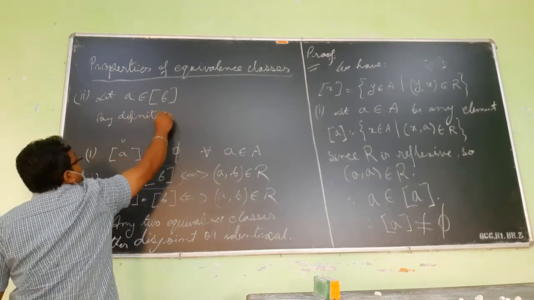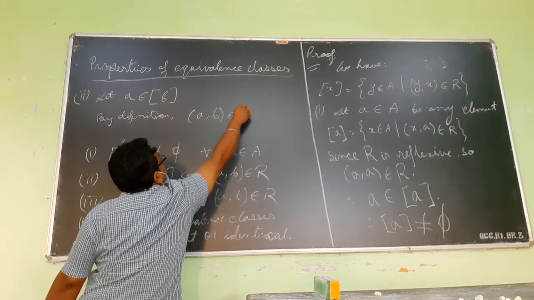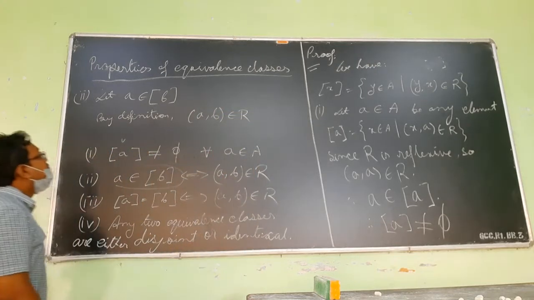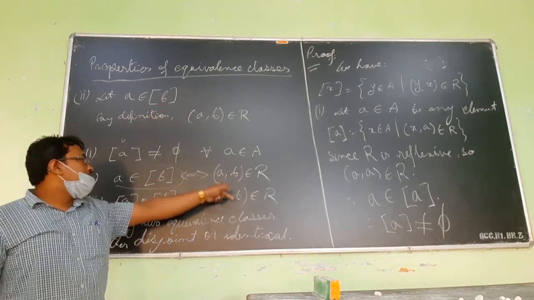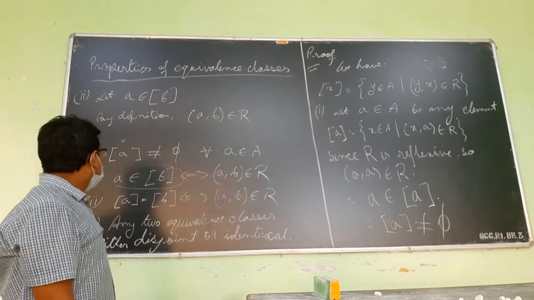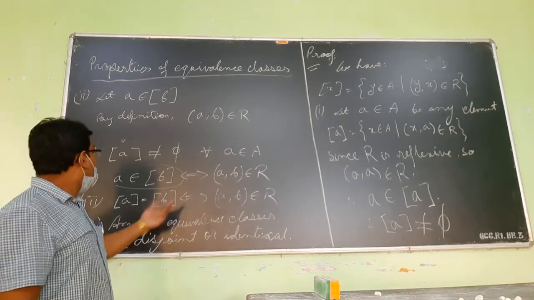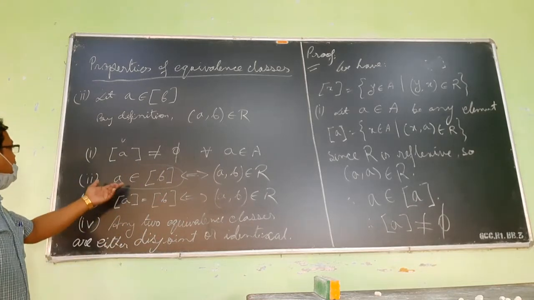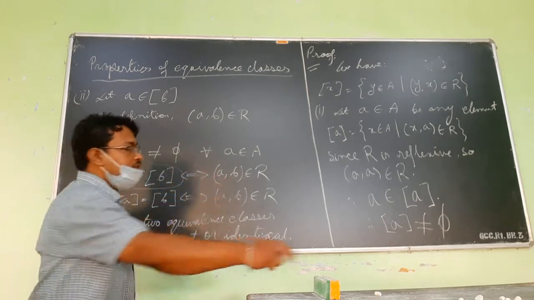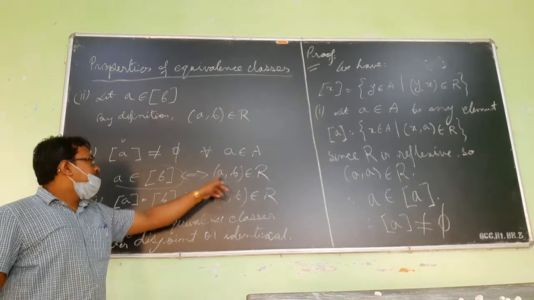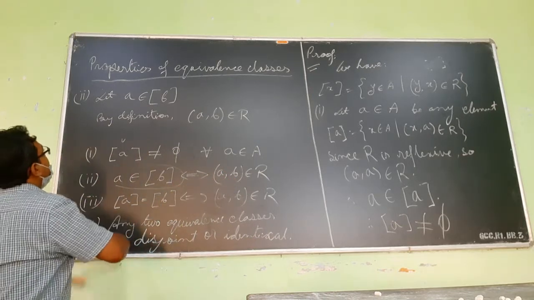So by definition, (a, b) belongs to R. If a is in the equivalence class of b, it follows from definition that (a, b) is in R. This is not required as a property itself; it follows from the definition only. (a, b) is related means a is in the equivalence class of b. So it follows from definition.